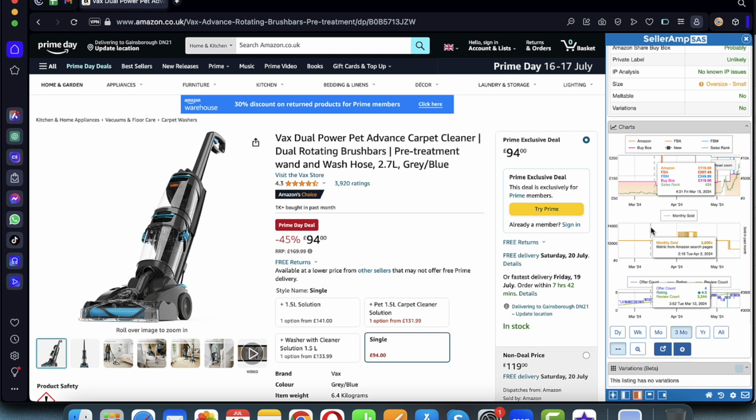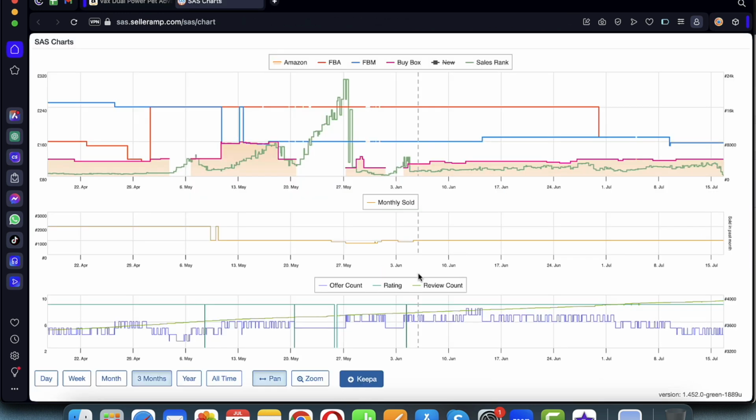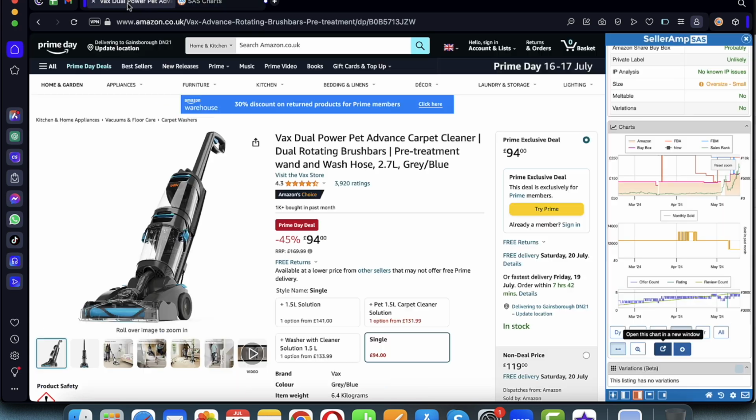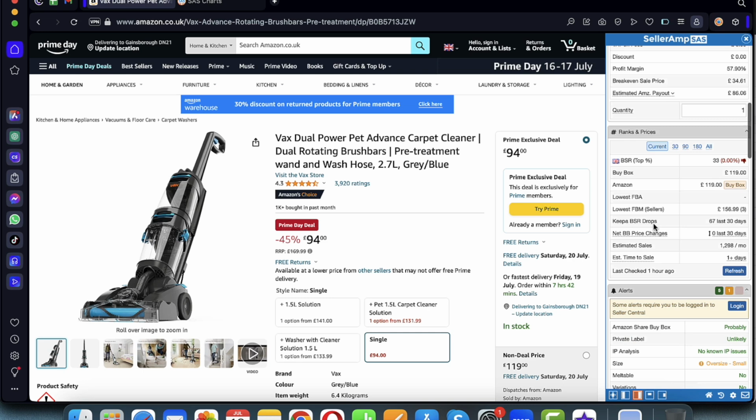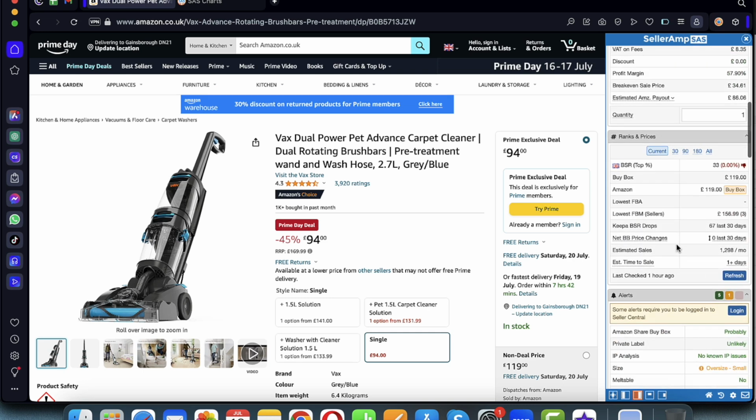And obviously in BuyBotPro, you've got the mini chart version and the big chart version. If you want to view the big chart version in SellerAmp, you have to open it up in a new window. So what we've got right here. And yeah, that's pretty much all there is to it. There's no sort of like past and then future, it's just estimated sales per month.